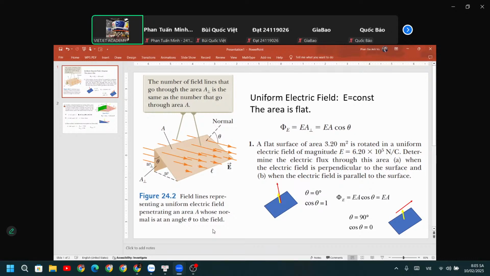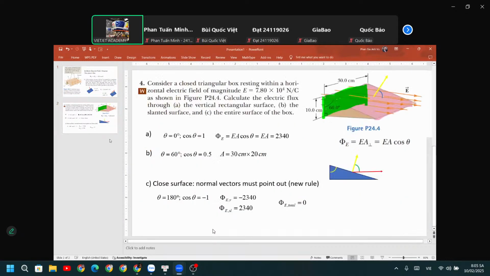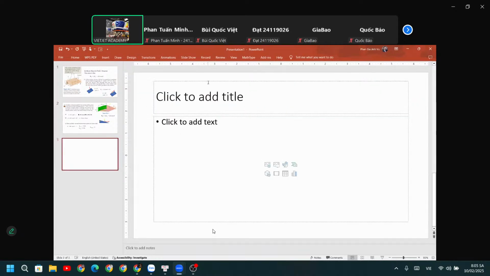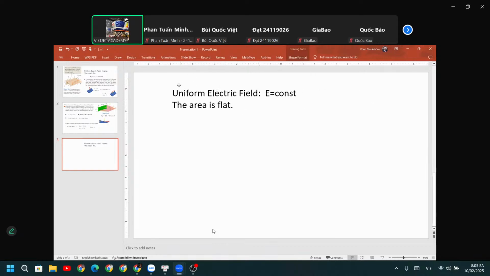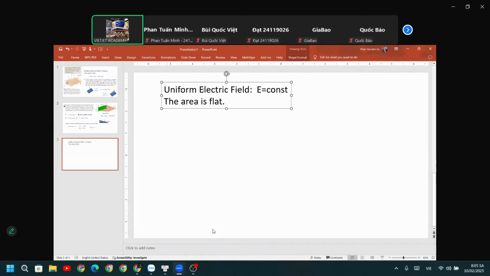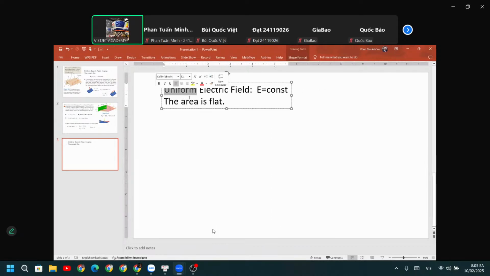What happens? So I copy this one down to the new slide, and you can see the new condition, right? We have an electric field that is non-uniform, so E isn't constant.